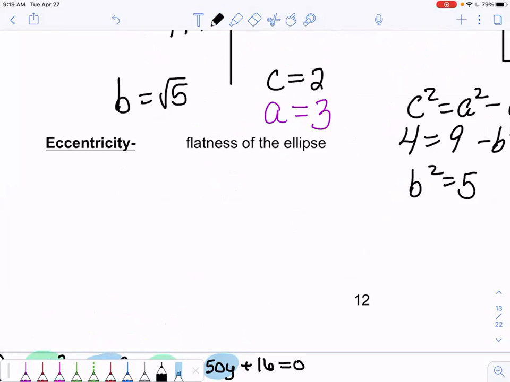So to find the eccentricity for an ellipse, eccentricity is E, makes sense to use an E. It's the ratio of the C to A, comparing the distance from the center to the focus versus the distance from the center to my vertex.